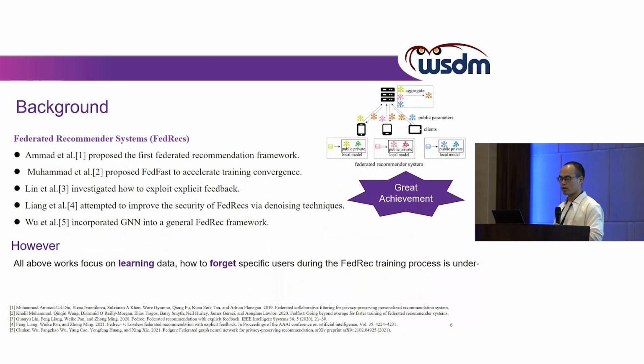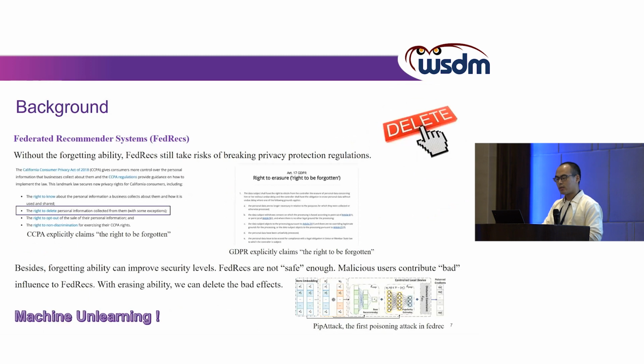However, most of these works are focusing on how to efficiently and effectively learn user data. None of them focus on how to forget specific users' data during the training process. We argue that without the forgetting ability, FedRecs still take risks of breaking privacy protection regulations because all of these regulations explicitly claim that a user has the right to be forgotten at any time.